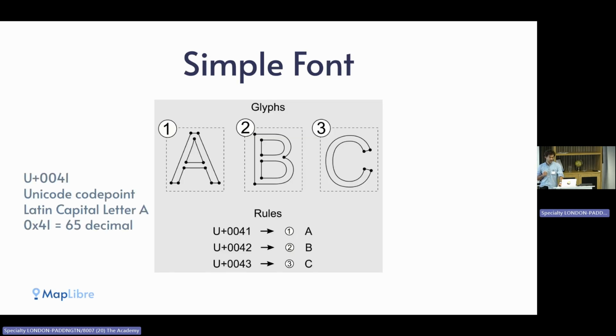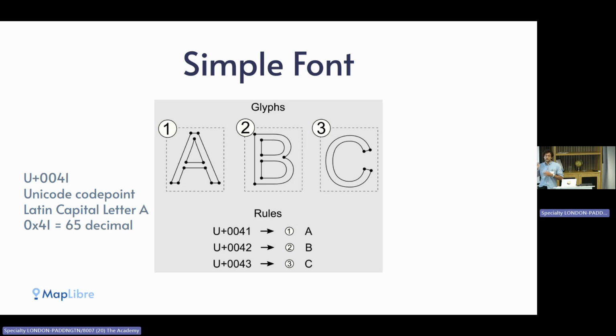So let's have a look at a bunch of examples of what a shaping engine does for us. This gray box, you think of it as a font, and the font has 2 parts. One part is the glyphs, or just vector outlines of the thing you want to render, stored in Bezier curves or something like that.